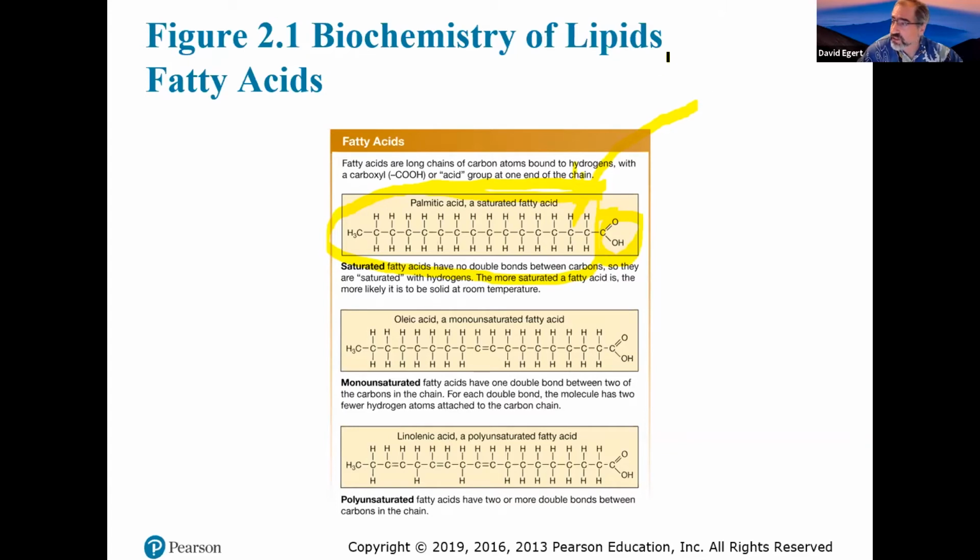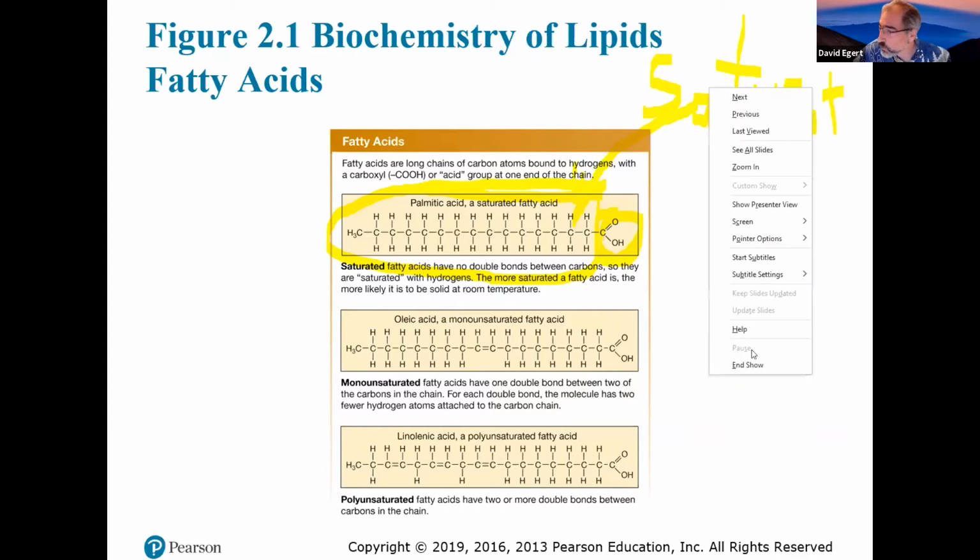This is what we call a saturated fatty acid. It gets the name saturated because it's fully saturated with hydrogens. There's no more potential bonding ability left to add any more hydrogens.